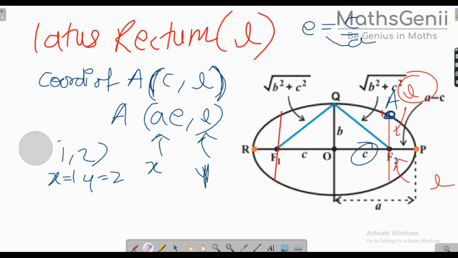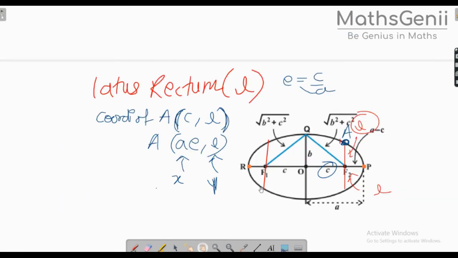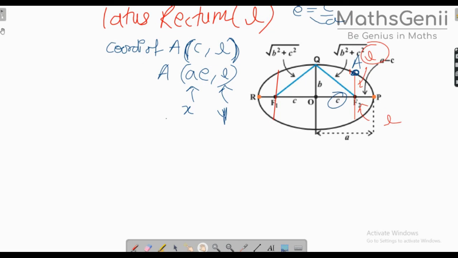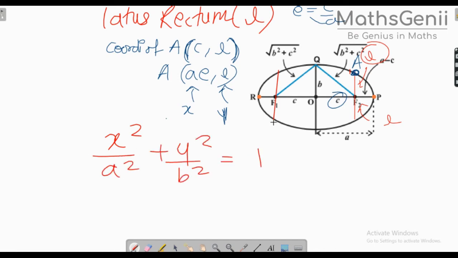Similarly here. Now let's write the equation of ellipse. We know that, right? What is the equation of ellipse? x square upon a square plus y square upon b square is equal to 1. X and y I have, so let me put them in.